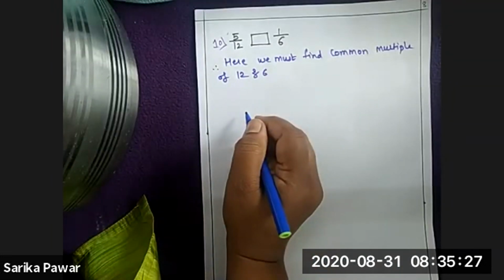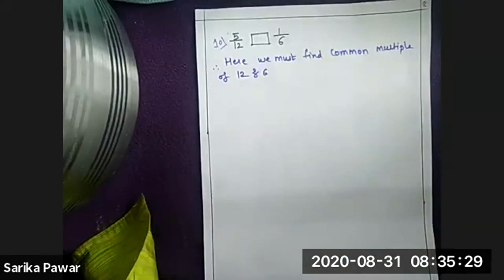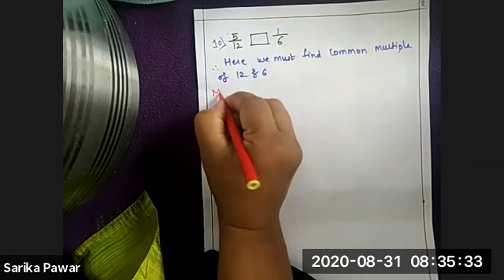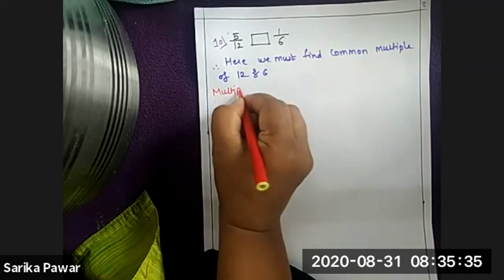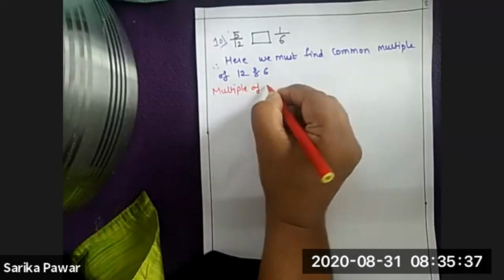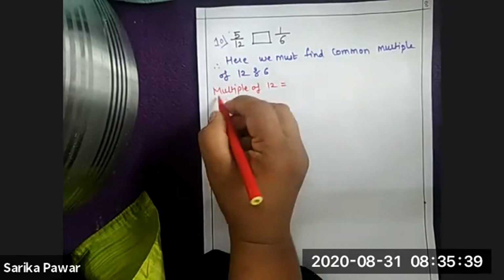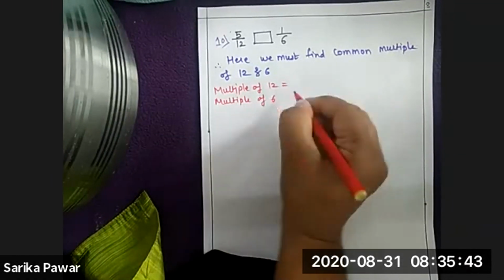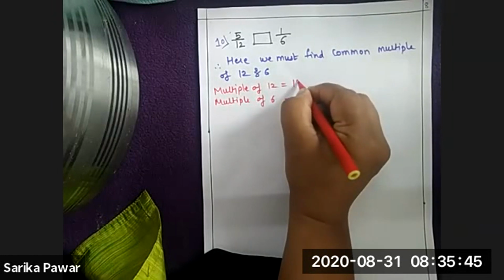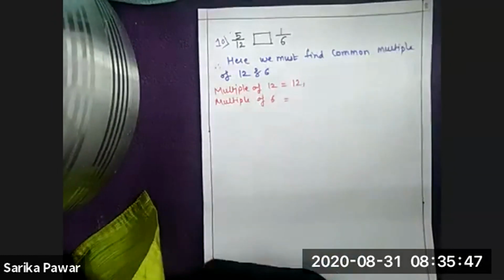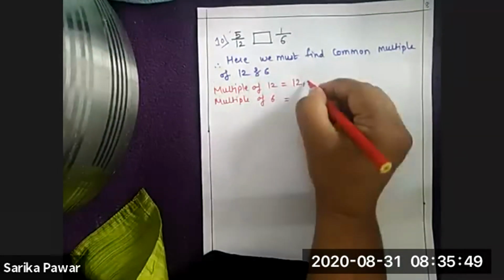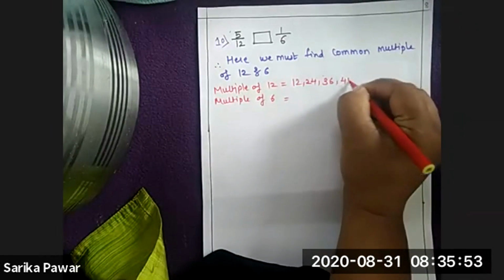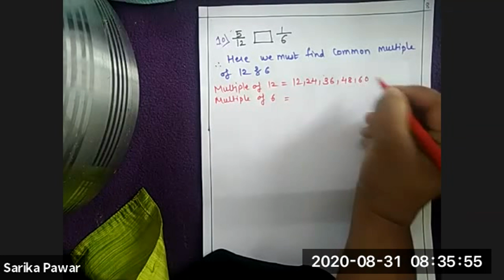Isn't it? For that now next step is what? What is the next step? We have to write multiple of 12 and multiple of 6. So you are right, table number 12. Table 12 ones are 12, 12 twos are 24, 12 threes are 36, 12 fours are 48, 12 fives are 60.